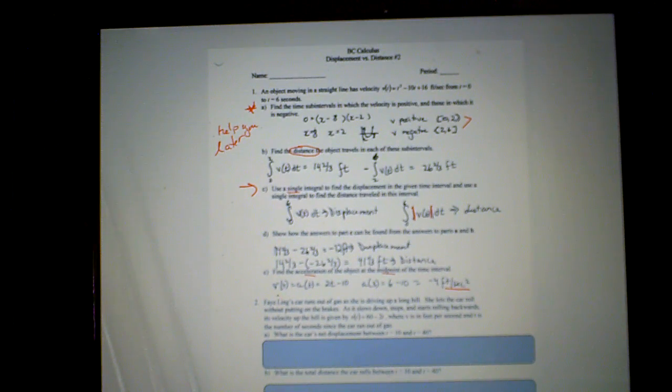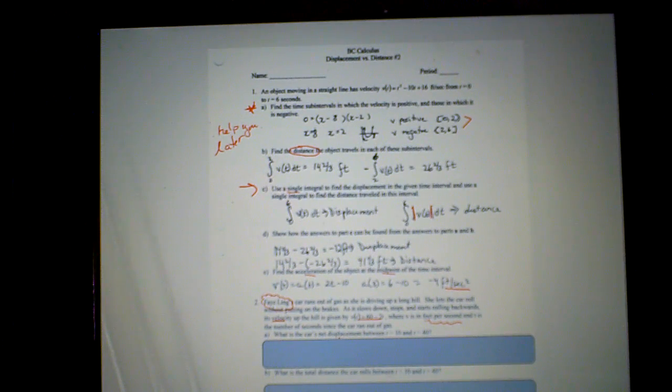Number 2, take a moment to appreciate this humor. Runs out of gas as she is driving up a long hill. She lets the car roll, blah, blah, blah. Velocity. Here. Units.